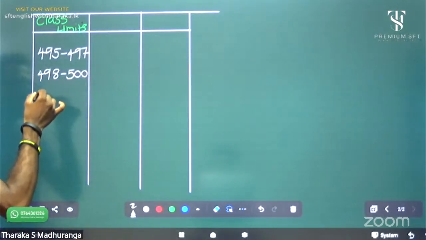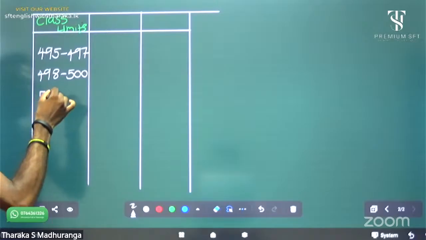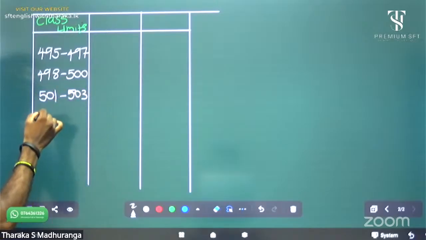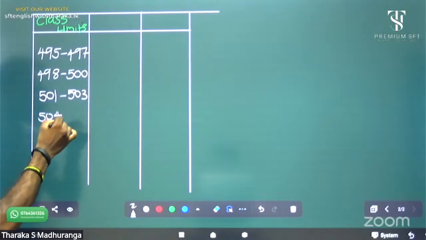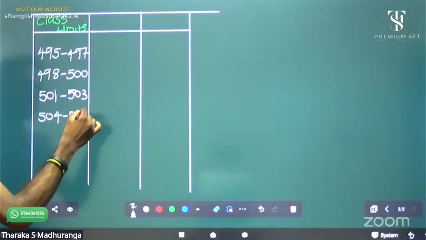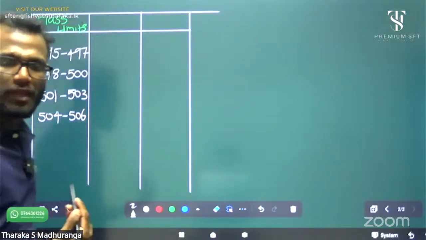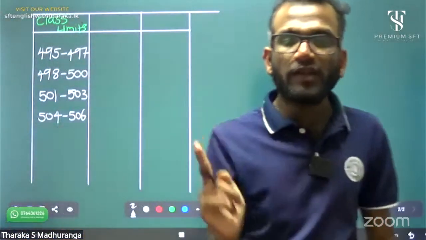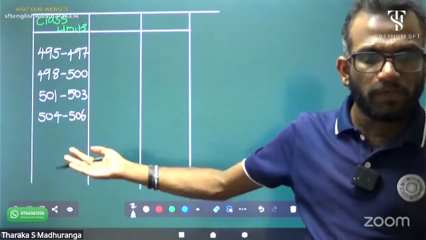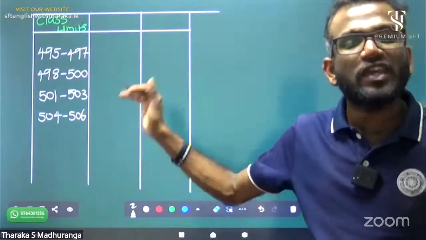Okay, 500. Then the next value is always 501, 503, 504, 506. That's enough, no? That's why I asked you what the maximum value is. If you add another group, its frequency is zero.